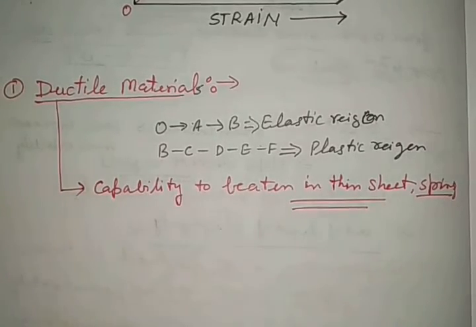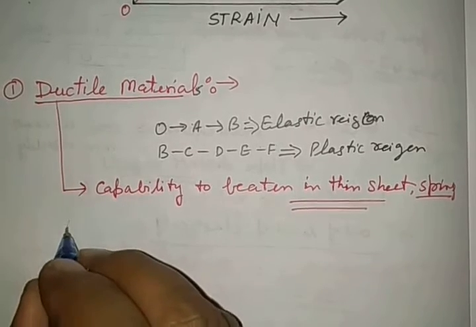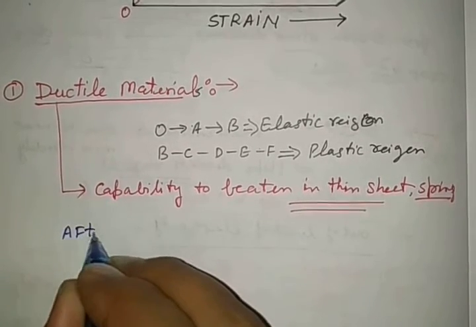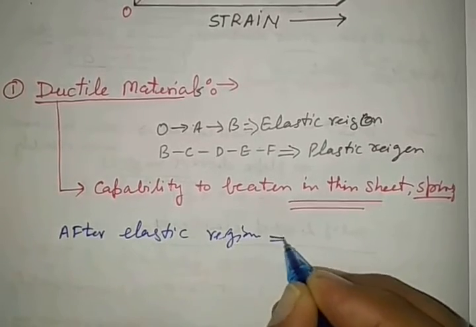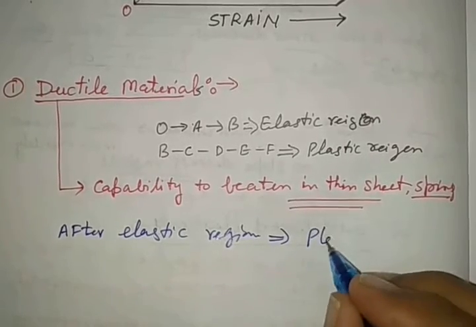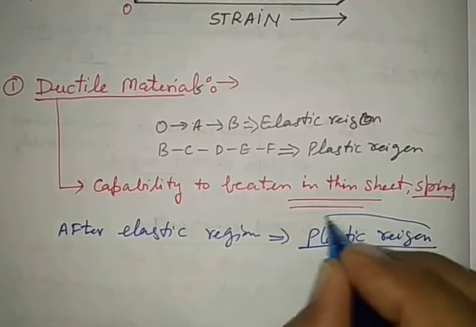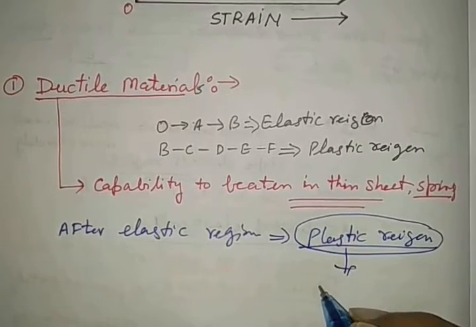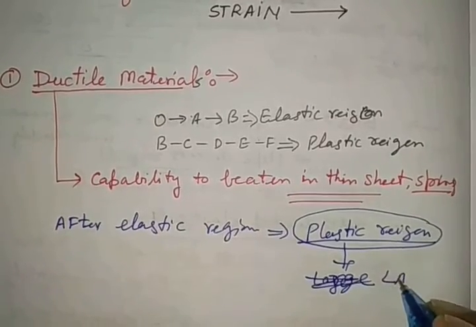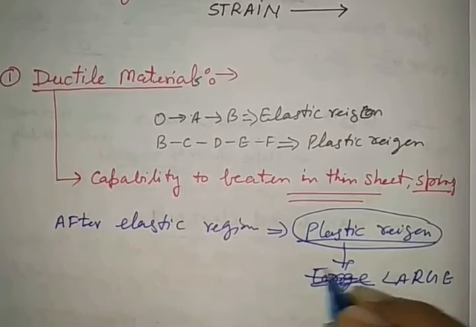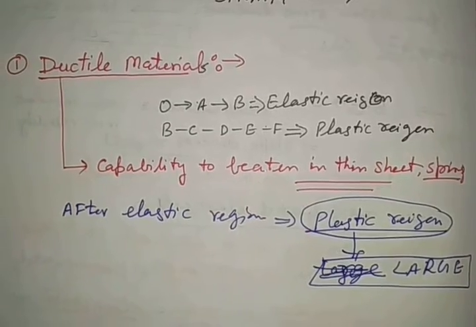So how can we select it? It is selected in the graph in this way: after the elastic region, which region comes? The plastic region. If this plastic region is quite large, what does it indicate?